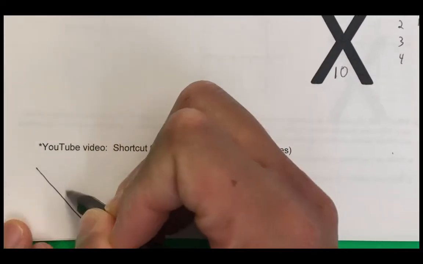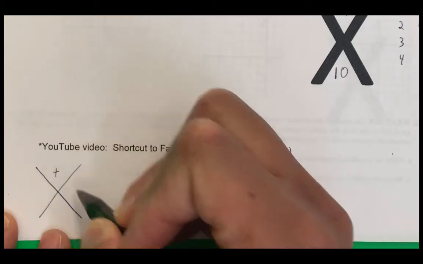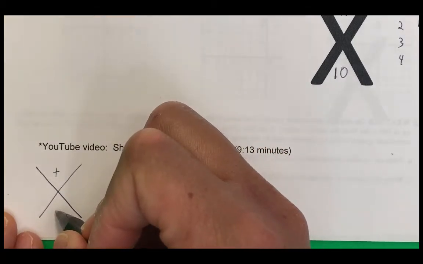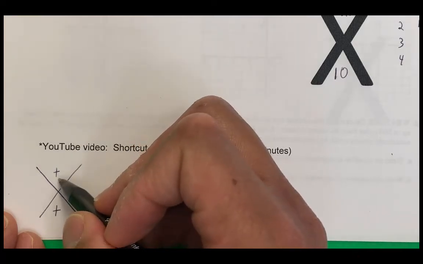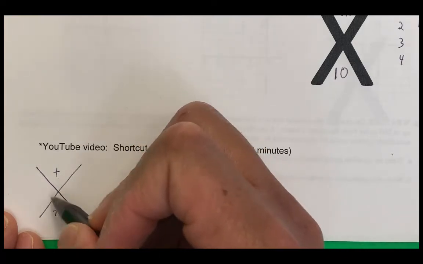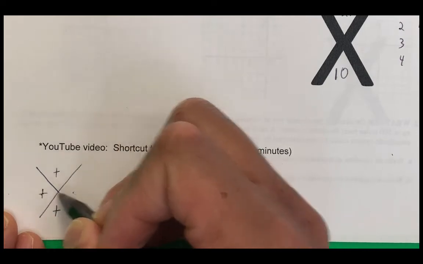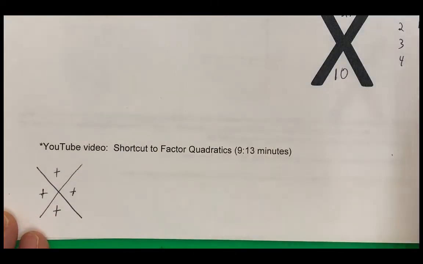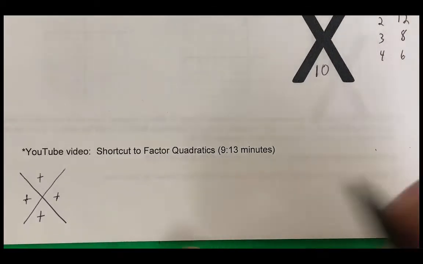If we have our magic X, and the top number is positive, which is not the case here, and the bottom number B is also positive, well, if I need factors of a positive that add up to a positive, then the two factors I'm going to pick for the sides of the X are also going to be positive. That doesn't match this case, so we'll keep going.